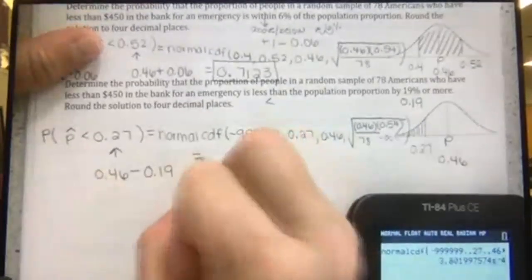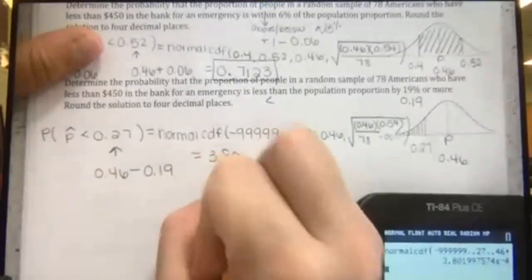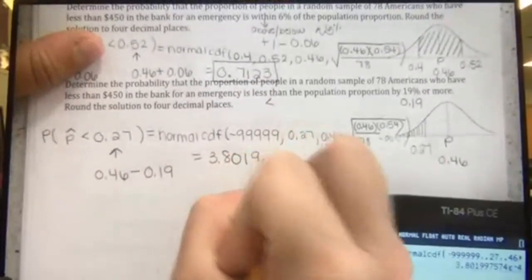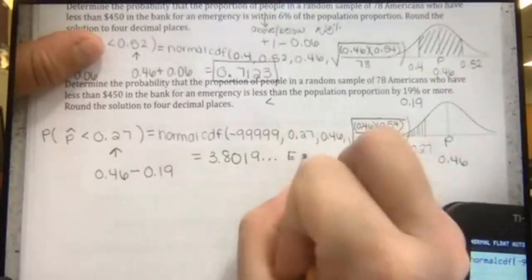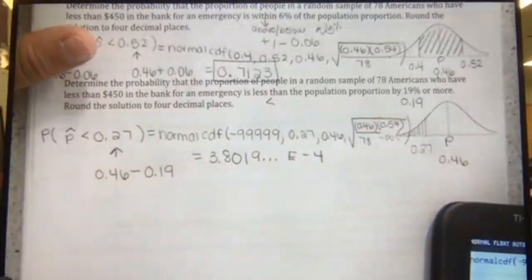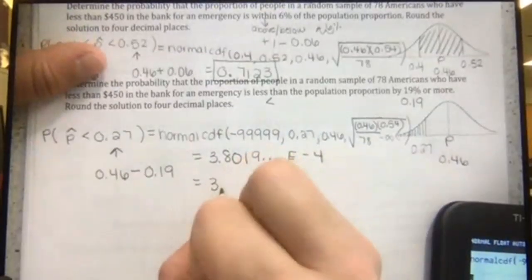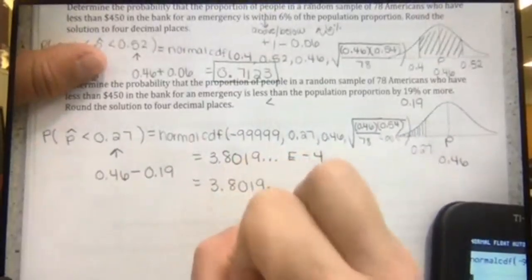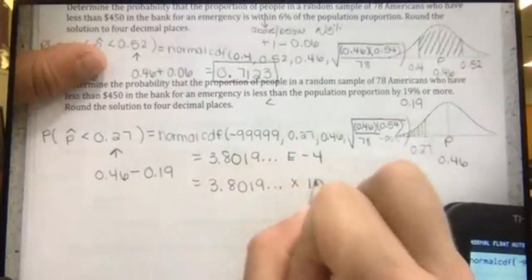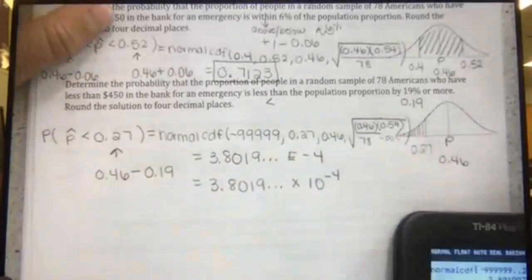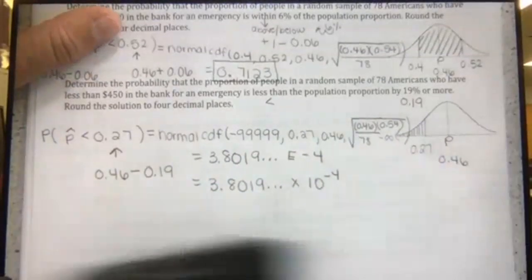So notice we have 3.8019 and so on, e to the negative 4. Remember, e to the negative 4 is the same thing as saying 3.8019 and so on, times 10 to the negative 4th power, because it's scientific notation.